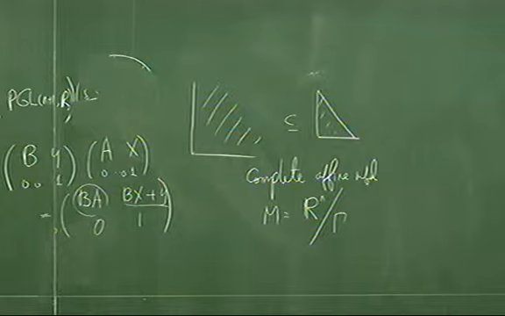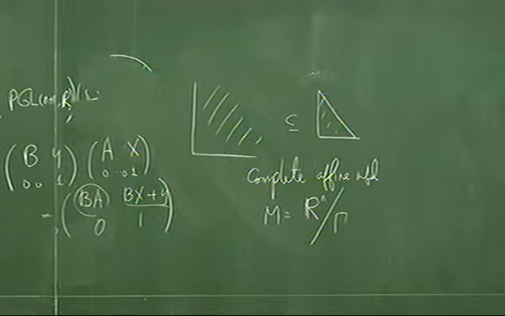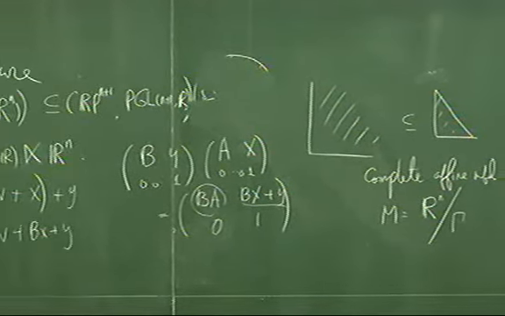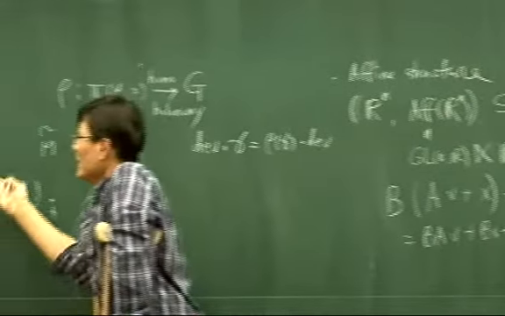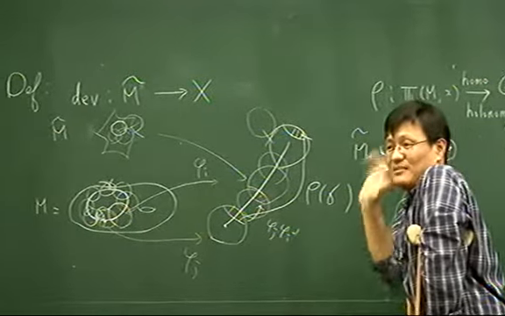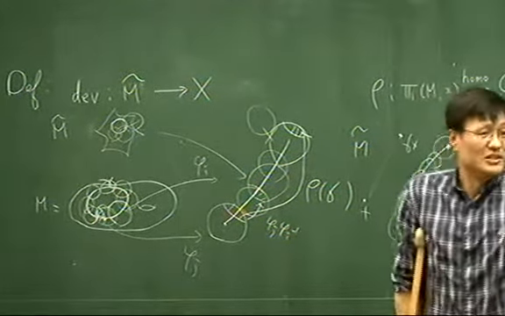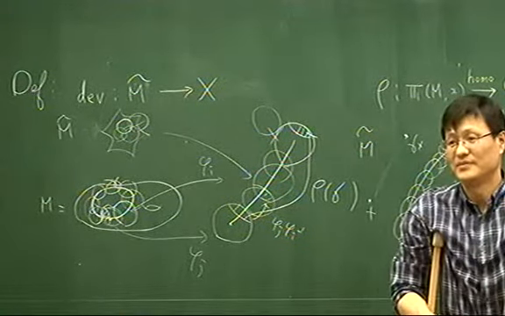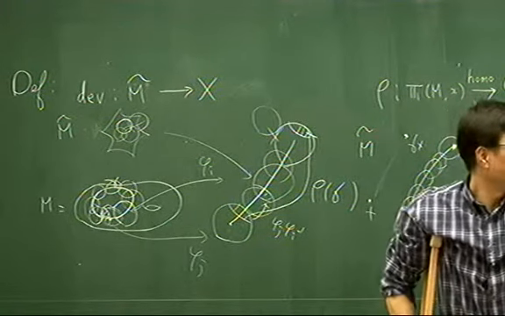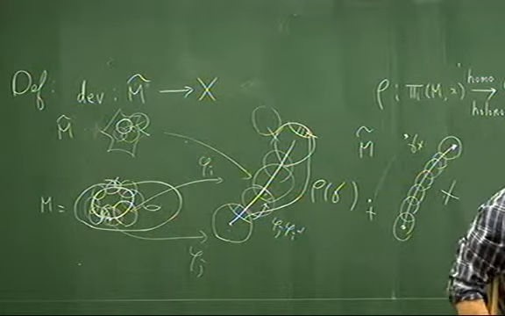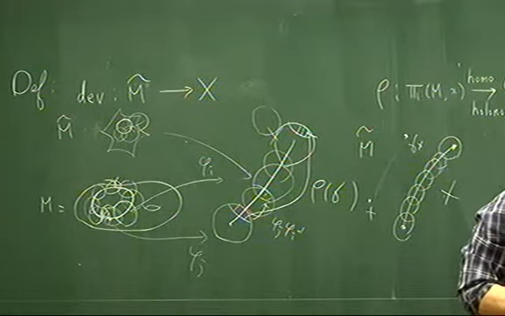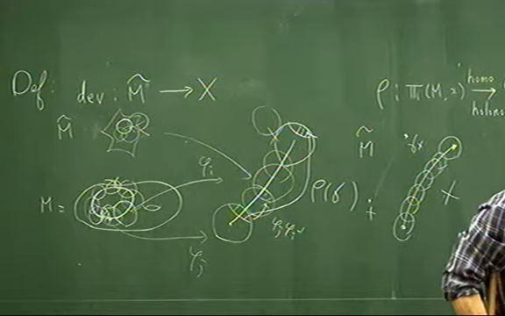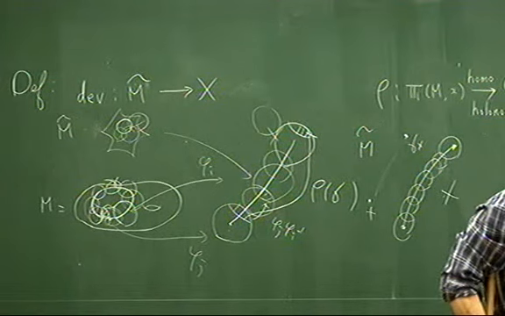If you look at this developing map, the image is not necessarily the entire X. Usually the image of the developing map is strictly smaller than the entire space X. For example, in the strictly convex geometry case, the developed image is a strictly convex open domain, not the whole Rn.